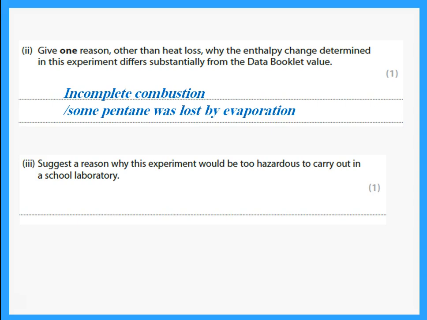So another reason would be maybe there was incomplete combustion, so that means not all the pentane burned properly, and as such it gave less heat. Or some of the pentane was lost by evaporation, and that means that the mass of pentane that I used is not actually the correct mass.